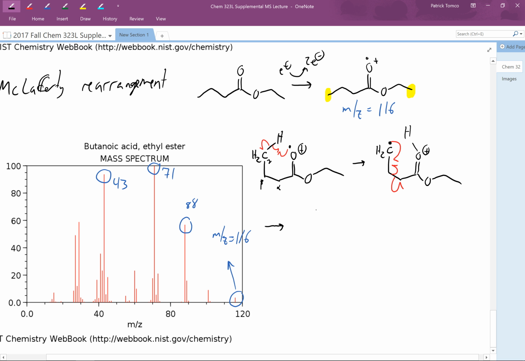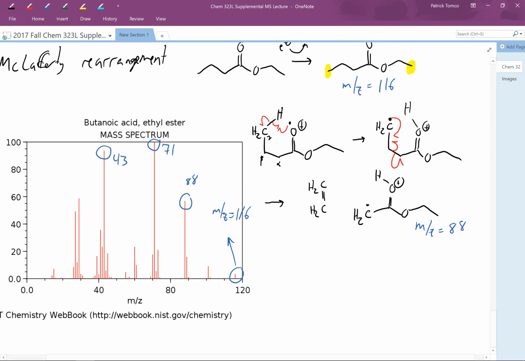So the structure of this involves creating a neutral loss. In other words, this creates ethylene, and it creates the following stabilized radical here. And I should put a hydrogen onto this oxygen and put a positive charge. And when I look at this mass and count this up, it's a mass to charge of 88.